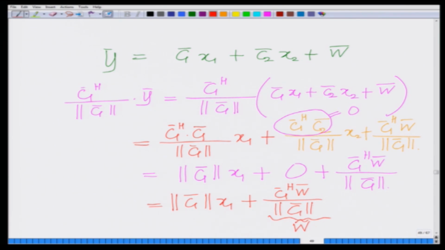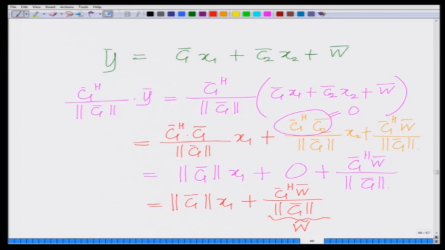Because C1 bar and C2 bar are orthogonal, simply by projecting along C1 bar, or beamforming along C1 bar Hermitian divided by norm C1 bar, I am able to remove the interference caused by symbol x2 at the receiver. Similarly, for decoding symbol x2, I can multiply by C2 bar Hermitian divided by norm C2 bar, and since C2 bar and C1 bar are orthogonal, that will remove the interference caused by symbol x1, and I can thus decode symbol x2 at the receiver.